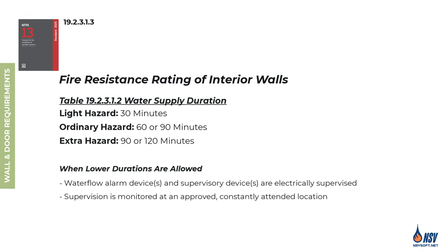For example, in an ordinary hazard occupancy, if the sprinkler system is electrically supervised, but the supervision is not monitored at an approved, constantly attended location, the minimum required duration is 90 minutes. Therefore, to apply the room design method in that case, the interior walls must provide a 90-minute fire resistance rating.